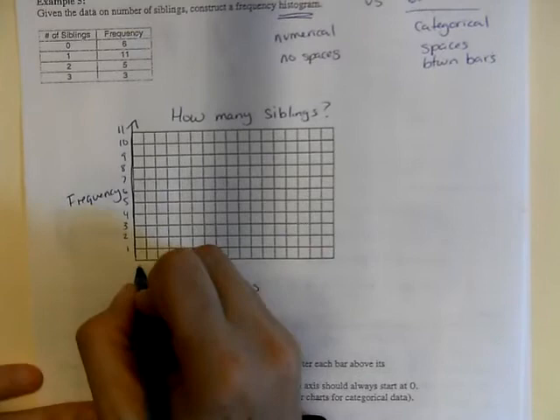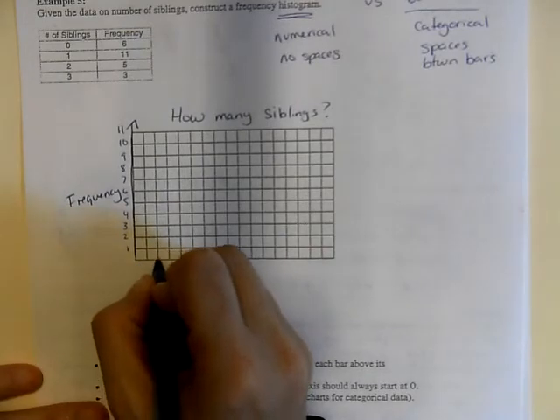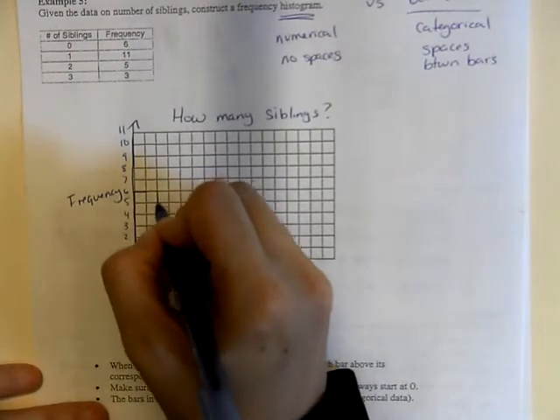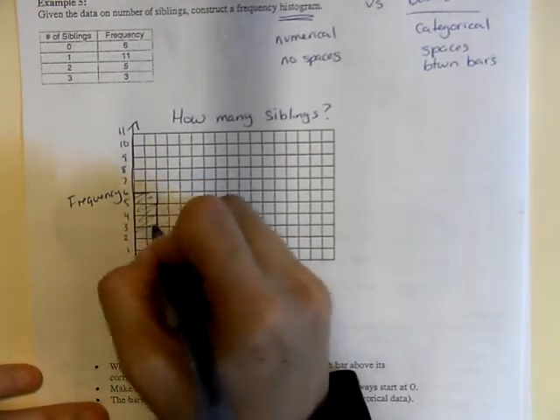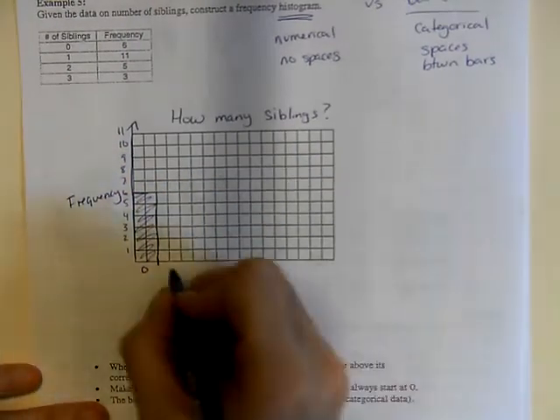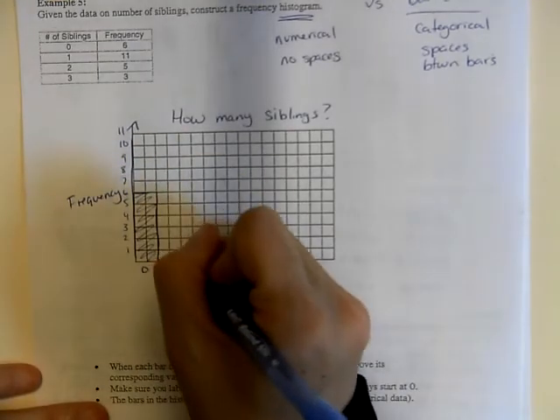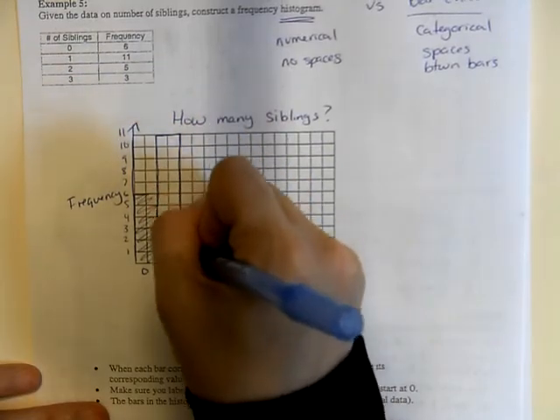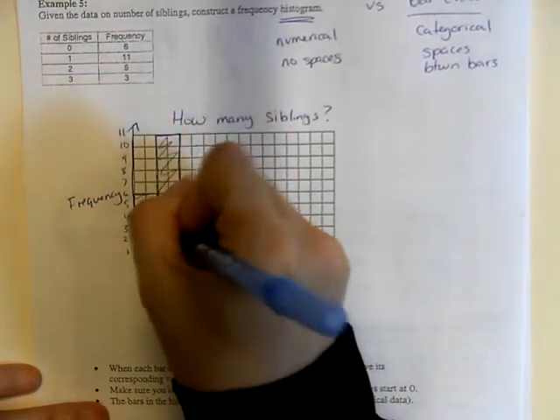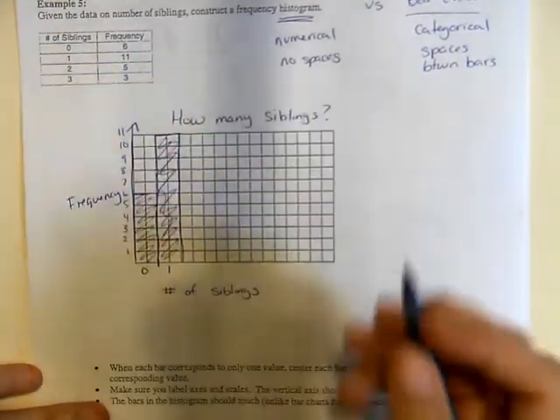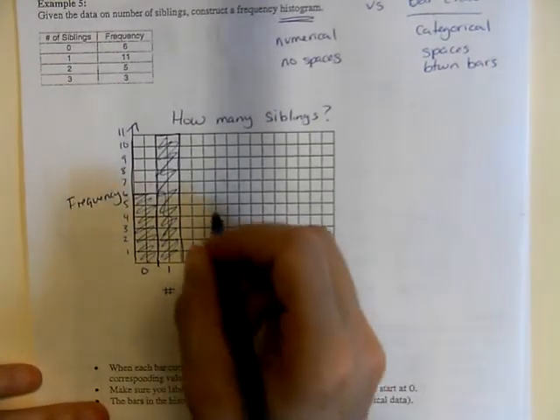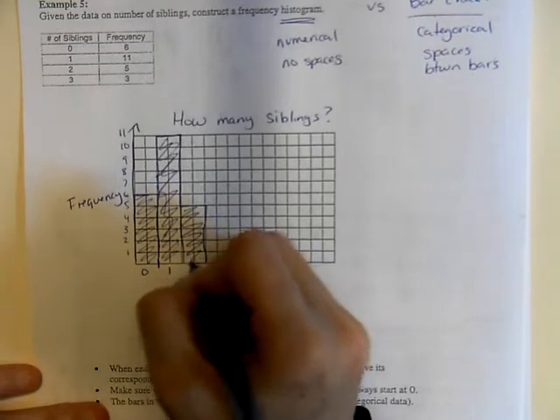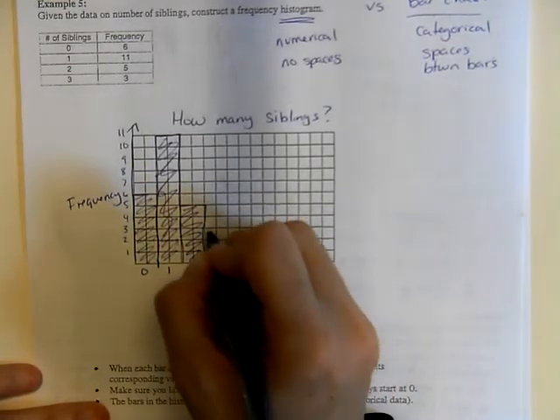I'm going to make these wide so you can see better. So for 0 siblings, we had 6 people. And I'm going to shade again so you can see better. For 1 sibling, that was all the way up to 11. For 2 siblings, we had 5. And 3 siblings, we had 3.